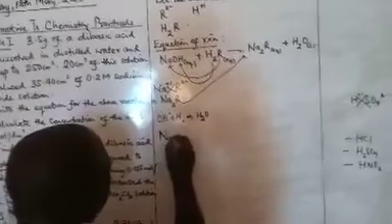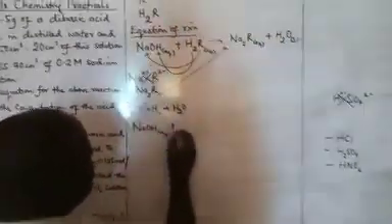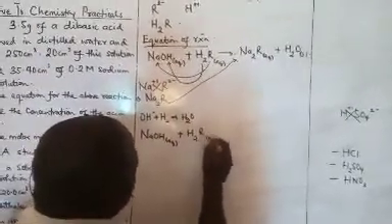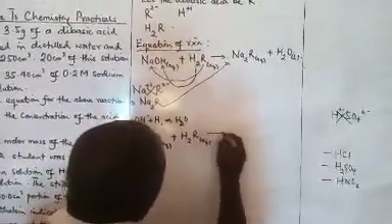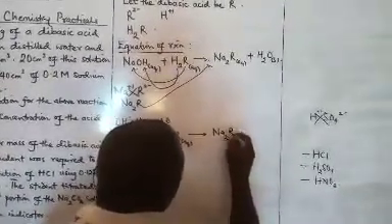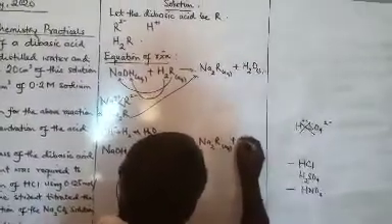So I have sodium hydroxide in the aqueous state reacting with my dibasic acid, also in the aqueous state, to yield Na2R in the aqueous state plus water in the liquid state.